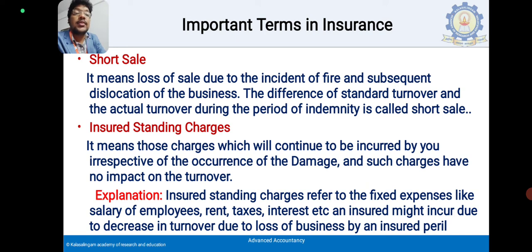Suppose your business faced a loss, after that also your business has to bear some operational costs, like you need to pay the salary of your employees, the rent and taxes if any, and some interest. These are the standing charges that are incurred due to a decrease in turnover or due to loss of a business by an insured peril.